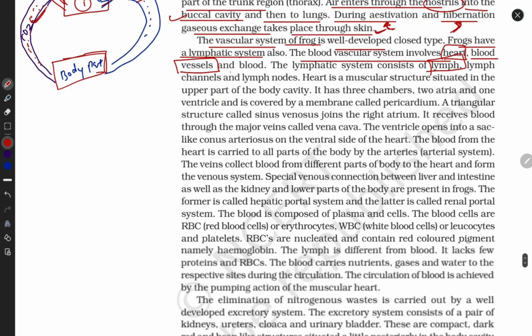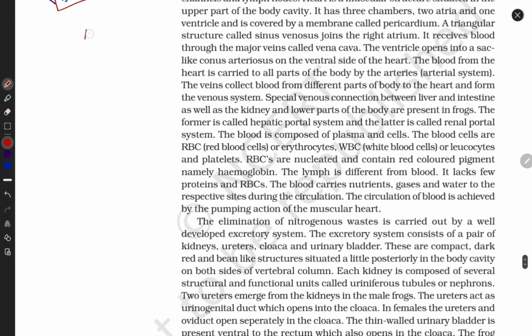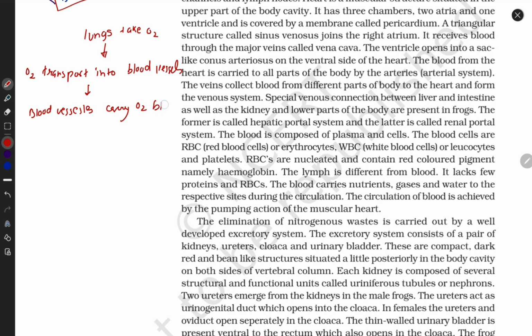I'm writing here a chart. Lungs take oxygen, transport it into blood vessels, which carry O2 blood and move towards the atrium.